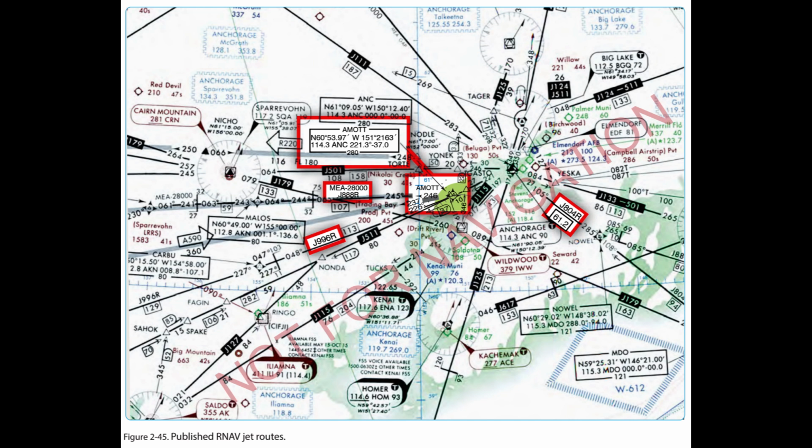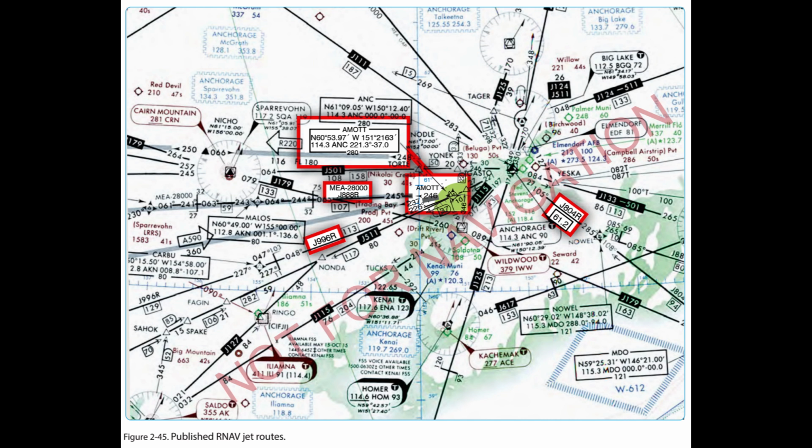2. Operation off established routes from 18,000 feet MSL to FL 450 use nav aids not more than 260 nm apart. These aids are depicted on en route high altitude charts. 3. Operation off established airways below 18,000 feet MSL use nav aids not more than 80 nm apart.